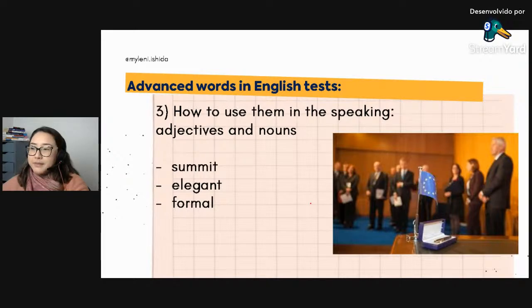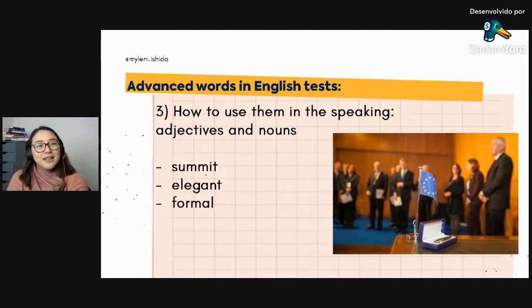How to use them in the speaking. Okay, again, take a look at this picture. Imagine you have to describe this picture in your test, right? So, in the Duolingo, you can use the word summit as well. You're going to say, teacher, but summit, né, não significa pico.